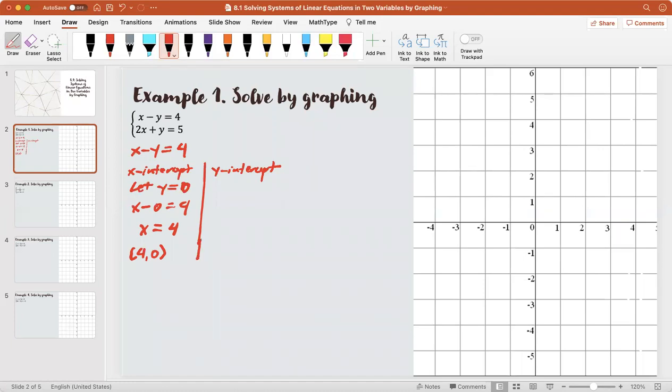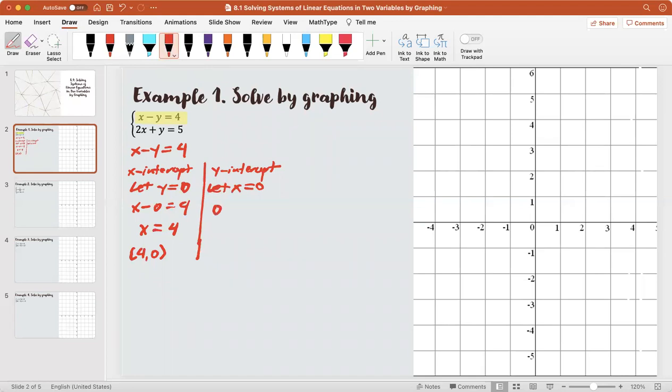How about your y-intercept? In here, we let x be 0 and we solve for y. So you plug in 0 to x using our equation here, x minus y equals 4. Your x is now 0.